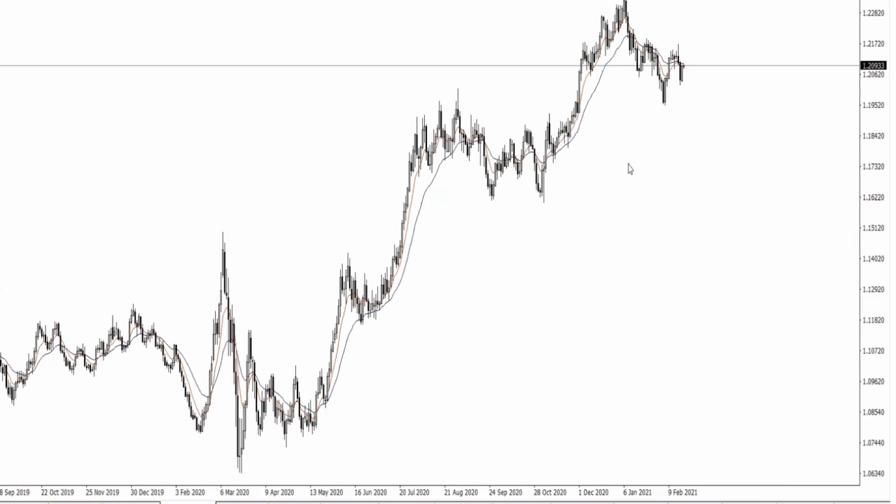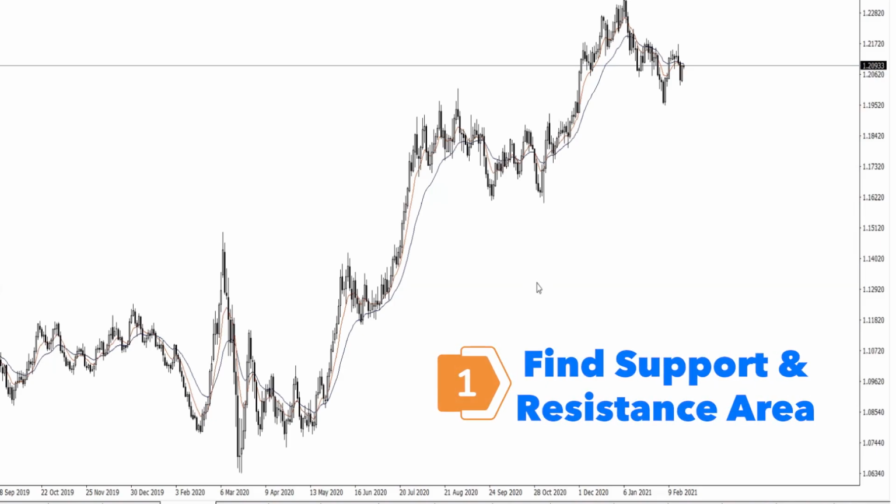So traders, I'll just show you the process that I go through. Here we have the current Euro USD on the daily time frame and naked chart. The very first thing I do, traders, is identify my support and resistance areas. So we'll just do that now.